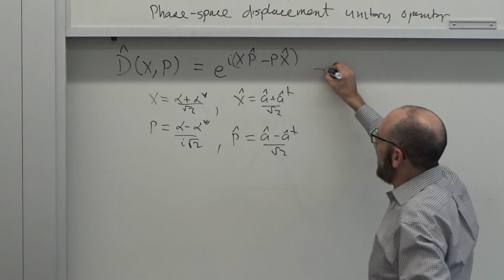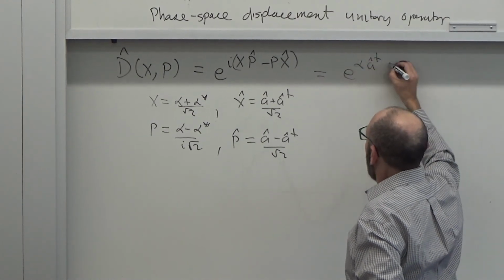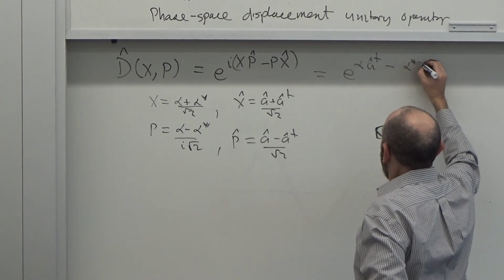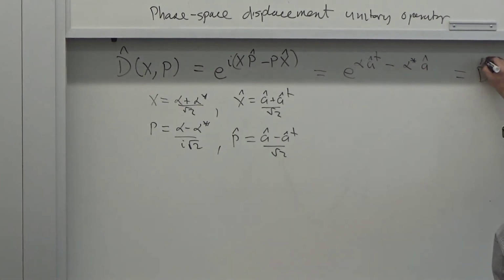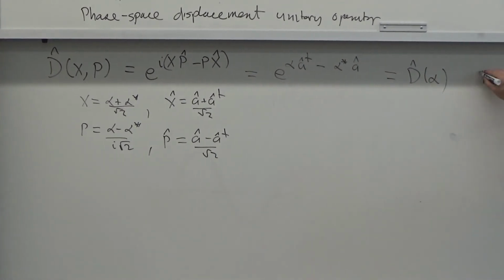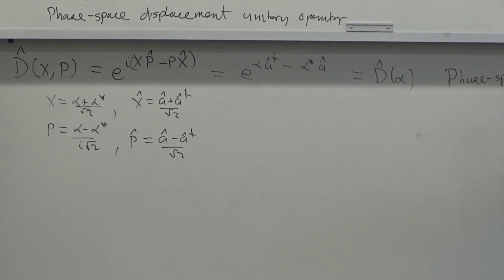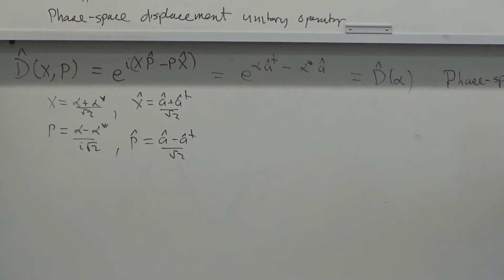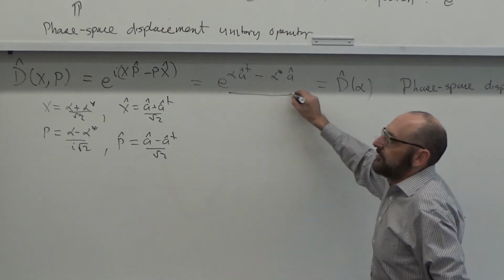With a little bit of algebra, you will find that this is equal to alpha a dagger minus alpha star a, which we call typically D of alpha. This is the phase space displacement operator. Memorize this.